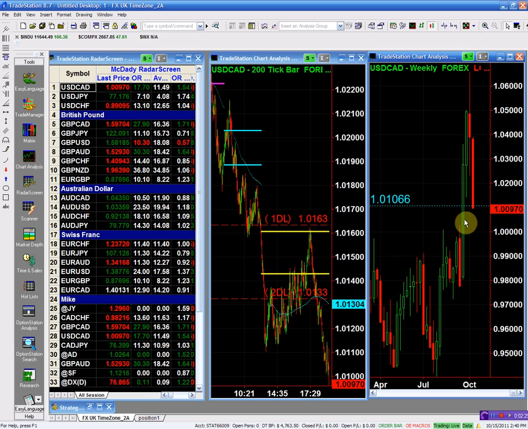If you look at the intraday chart, it is also quite telling. Why? Here we have a structure point at the 101.66. On the intraday we have a significant low at 101.63.